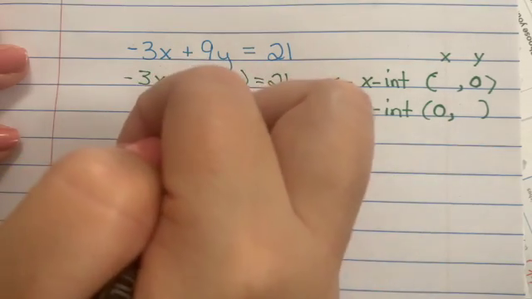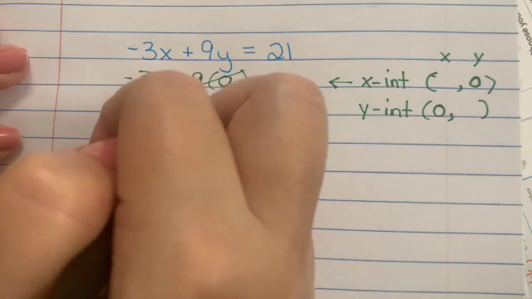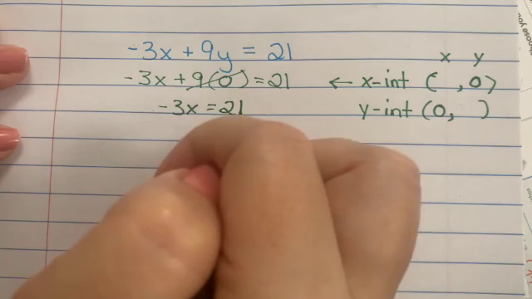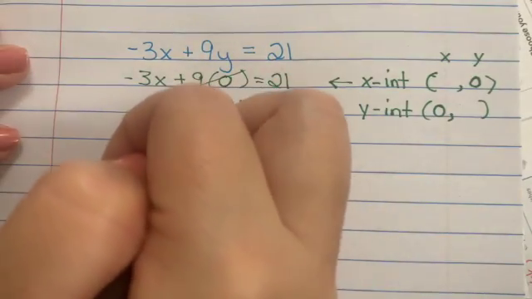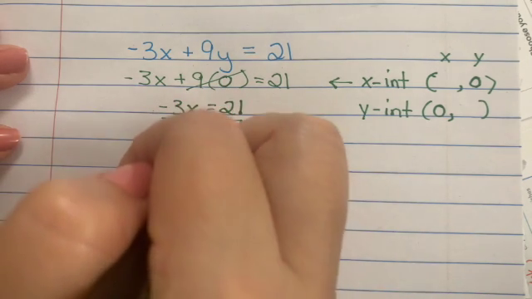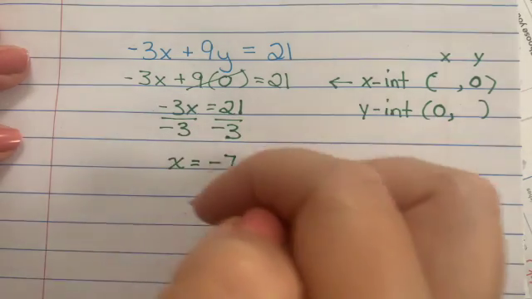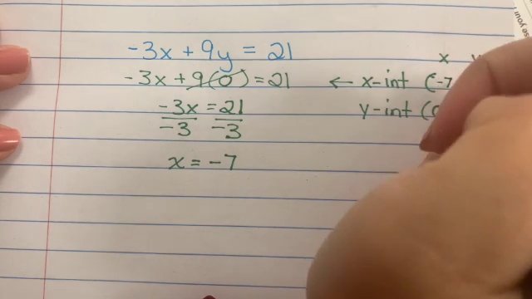Because that's just 0, we can cross it out. And -3x equals 21, and then solve for x, just like we did earlier. So I would divide by -3, and x equals -7. In that case, my x-intercept is the point -7, 0.